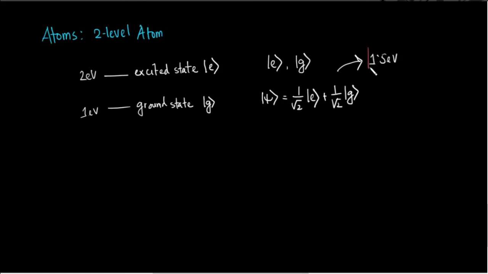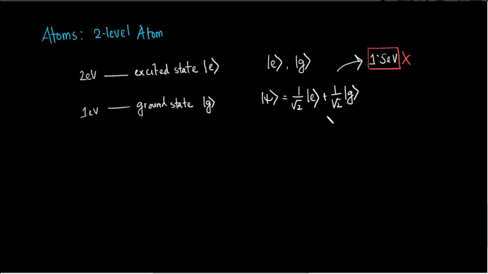In fact, like before, if we want to measure the energy of our atom, we always see that either the atom has an energy of 2 electron volt or it has an energy of 1 electron volt. We never see that the atoms have energies of 1.5 electron volts. These numbers are definitely examples, not actual energy levels, but we never see energy values between the two states. We always see either one energy value or the other.